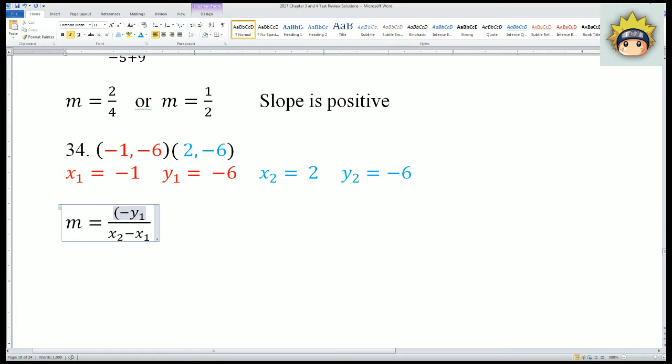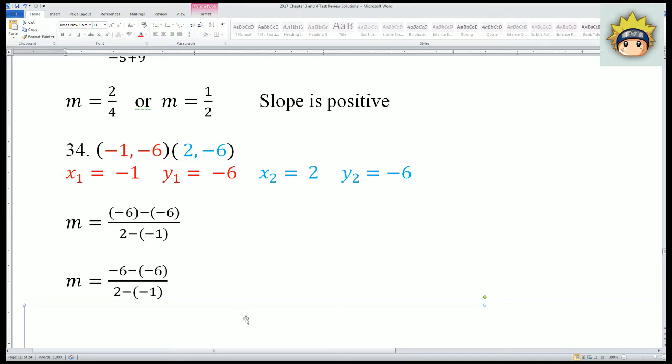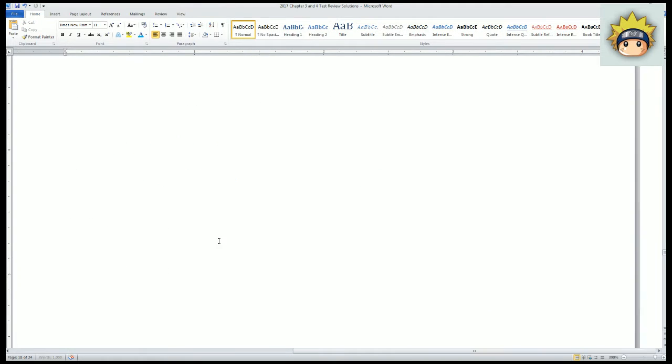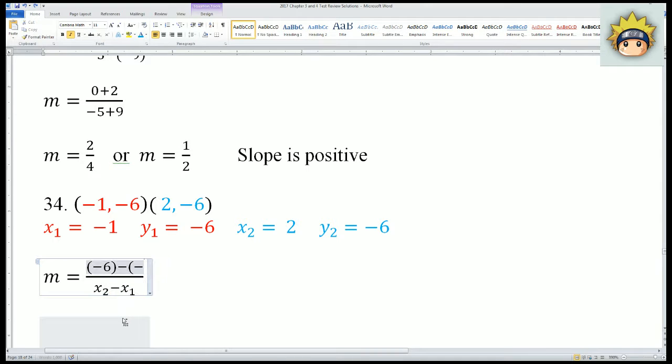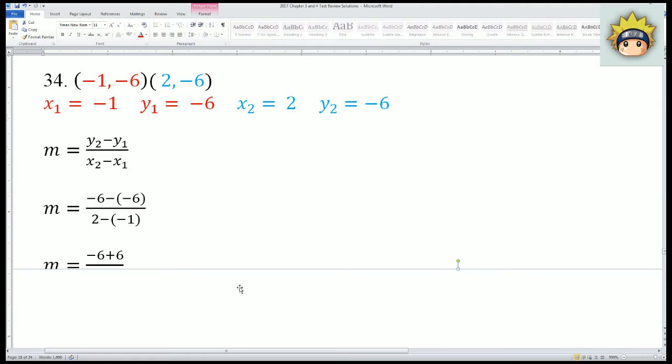I put negative 6. y1 here becomes negative 6. x2 becomes 2. x1 here becomes negative 1. When I make the substitution, I always use the parentheses. That is how I got this value here. Oops, sorry about that. Let me just change this back. There you go. That's what I got.